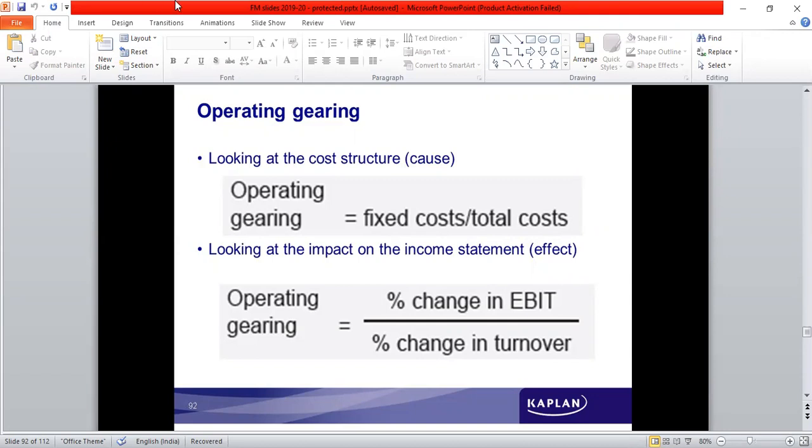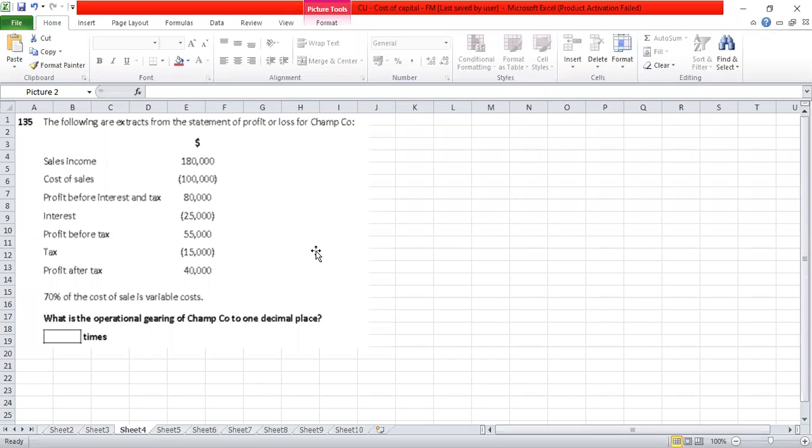So let's get back to the Excel file. It says find out the operating gearing of CHAMP company to one decimal point. We have sales, cost of sales, then profit before interest and tax, interest, profit before tax, tax, and profit after tax. And then it says that 70% of the cost of sales is variable cost.